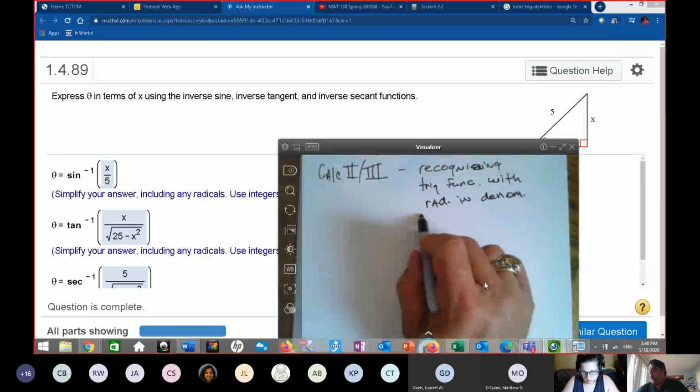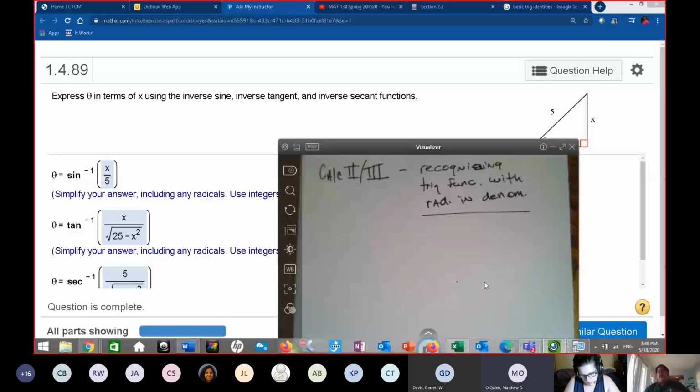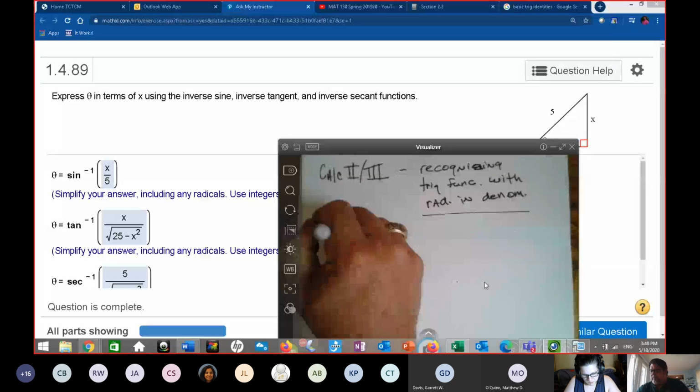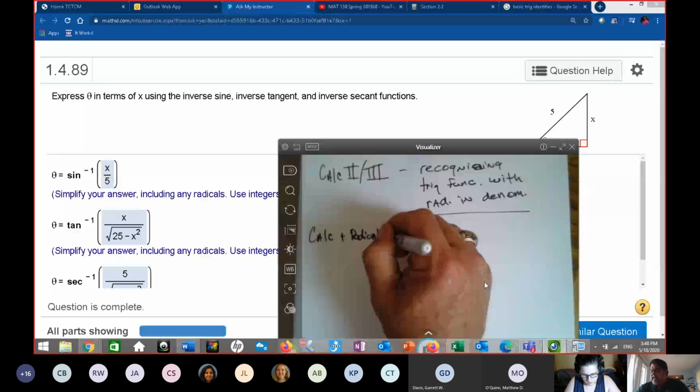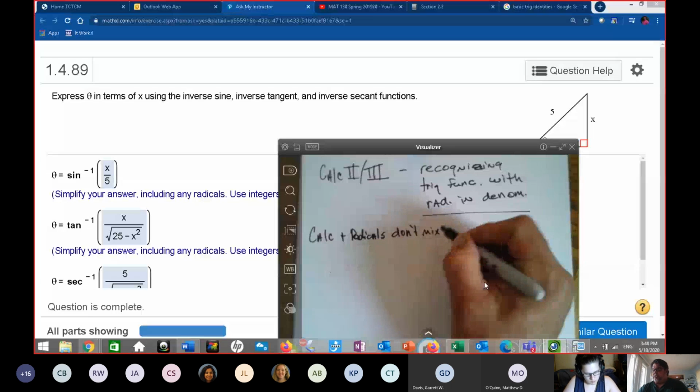Now, in my 109 class and my 130 class and my 110 class, I always tell students, calculus and radicals don't mix. But when I say that, I mean with the basic derivative and antiderivative functions.